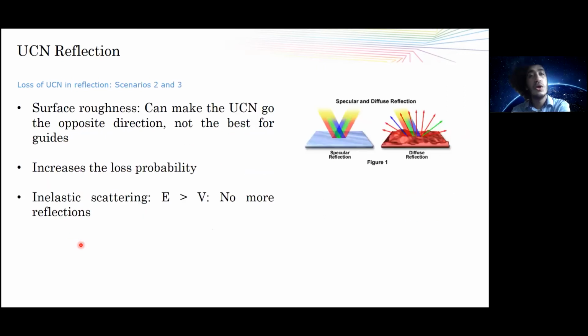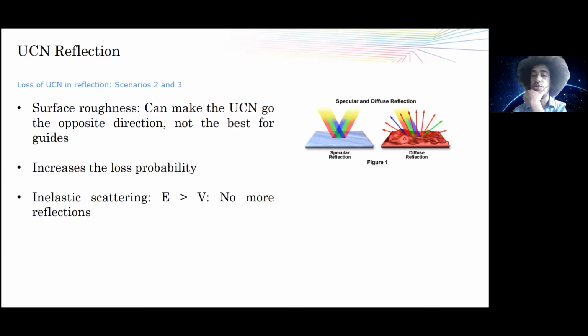The second one is when you have a reflection, is it a specular one or is it a diffuse one? And there are two ways of looking at it. If you are looking at the neutron guides type of approach, you would like to have the smoothest of surfaces, so you can have specular reflection as much as you can, so you can get through the guide.